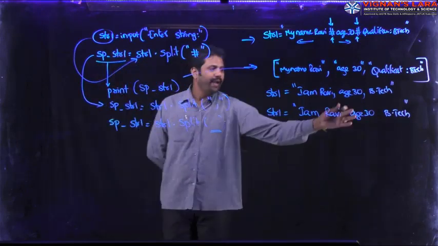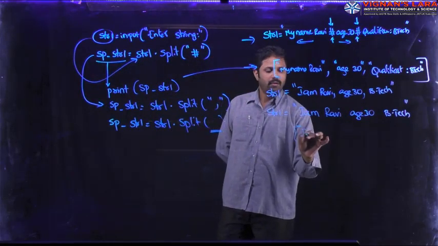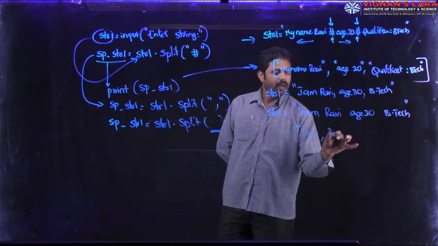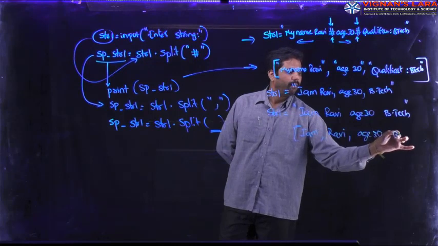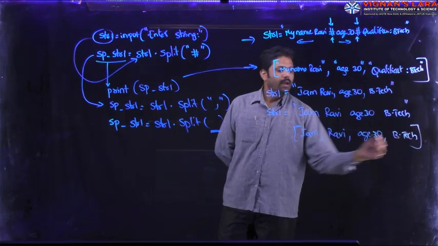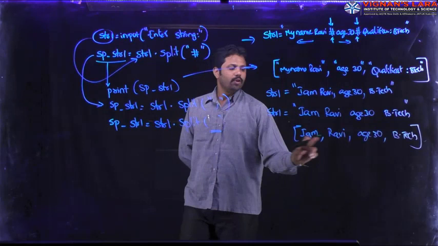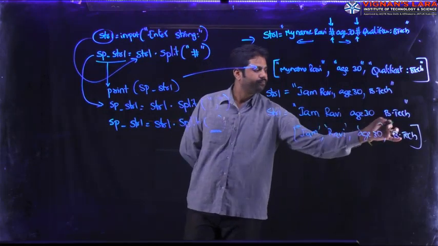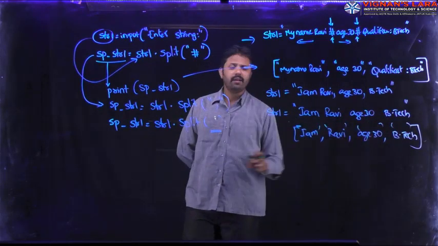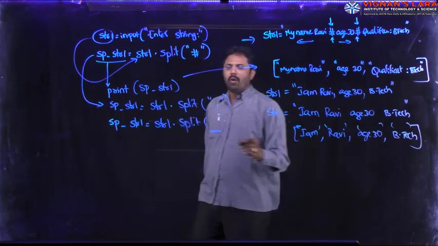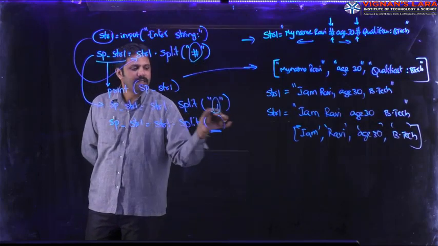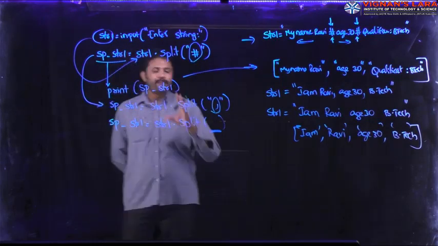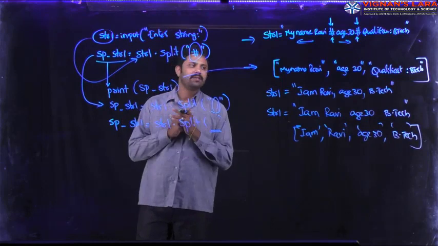Then it will divide I am, Ravi, age 30 and BTech. Like this it is going to be divided. So these are the elements in the list. So the input we give in the split is a key to split the string into multiple parts and creates a list. Next program.